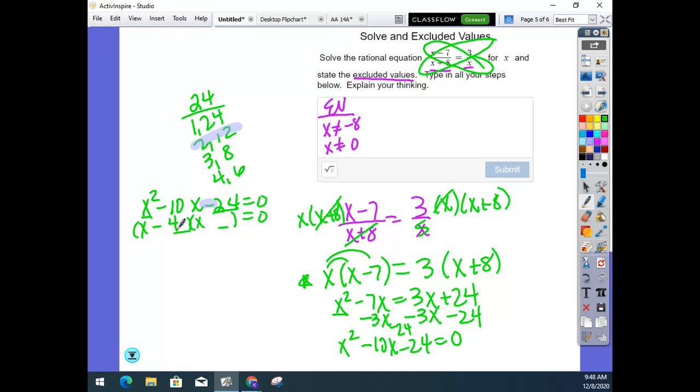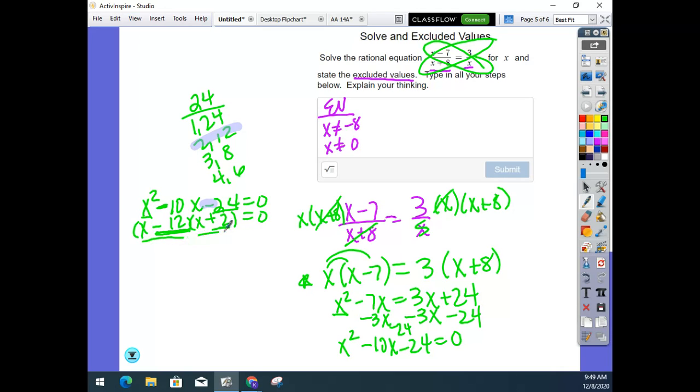Then I have to minus 12 plus 2, so my 10 is negative. That's why my bigger number here is negative and my smaller number is positive.